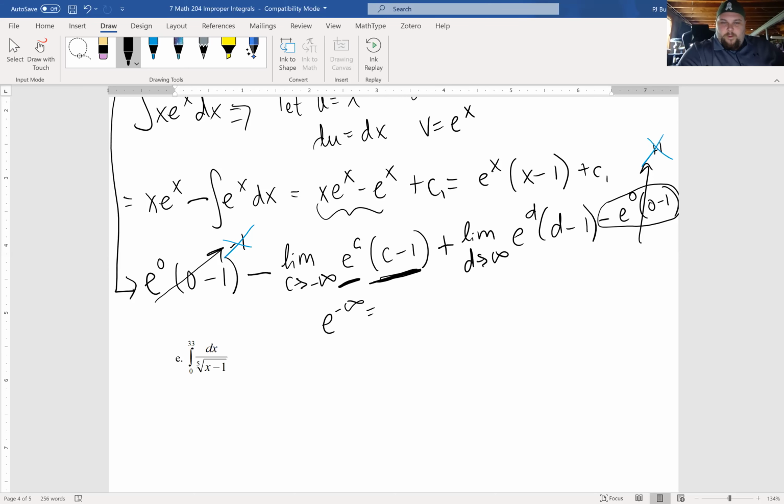Well, that's going to be 1 over e to the infinity, right? So 0. So e to the infinity is a big number. 1 divided by big numbers tends towards 0.